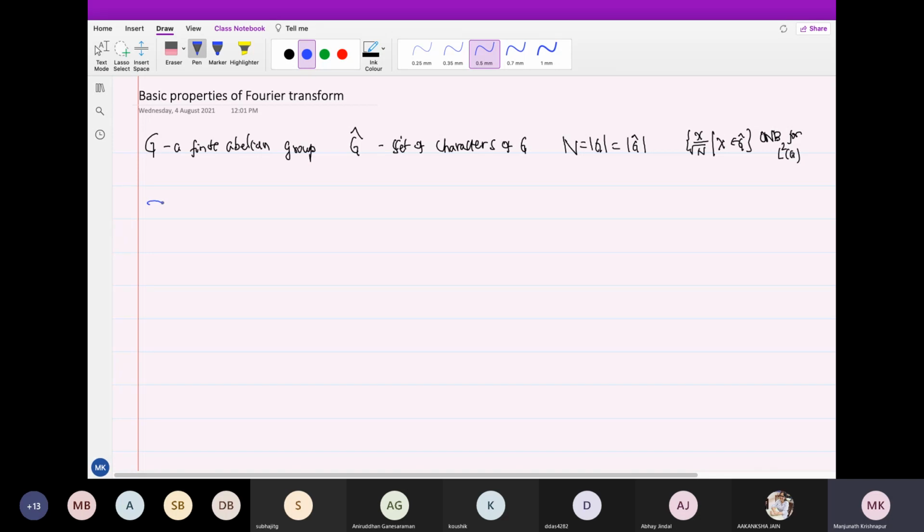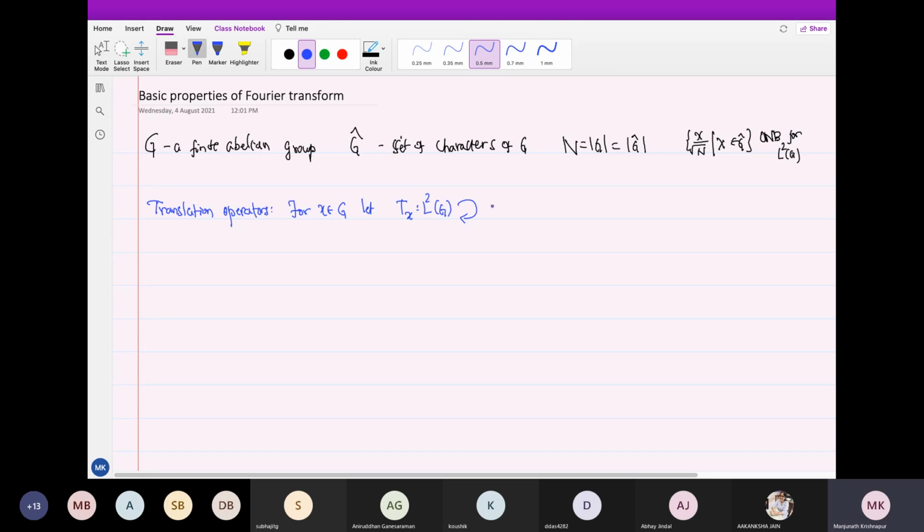Let's define these translation operators. For any group element x, I define an operator from L2 of the group to itself.